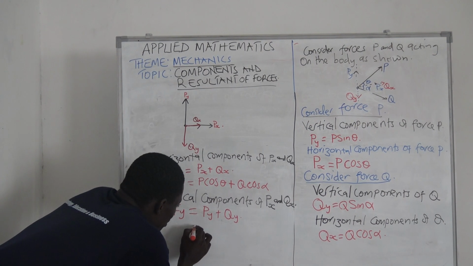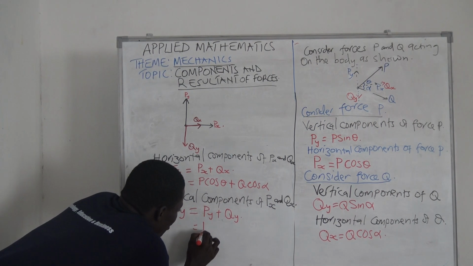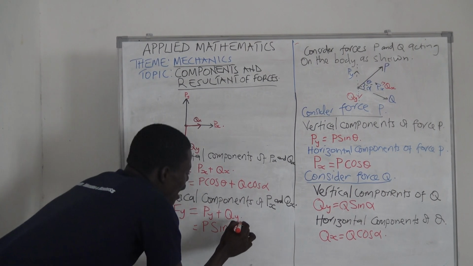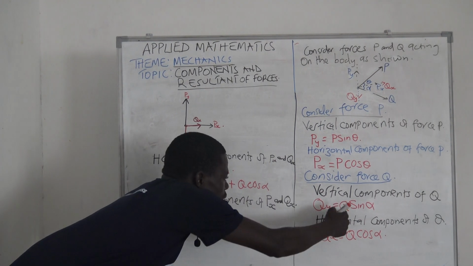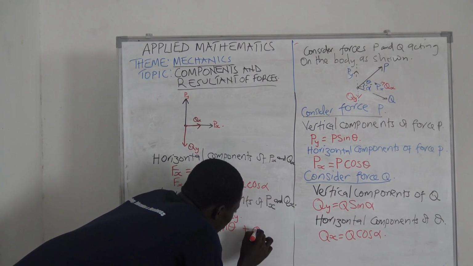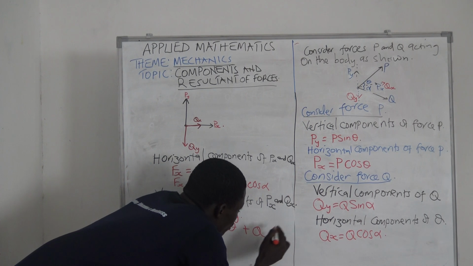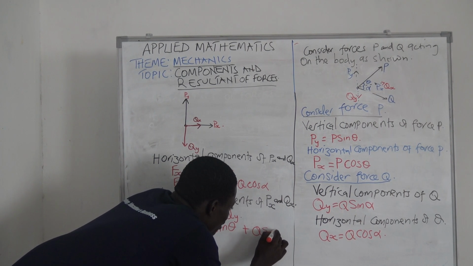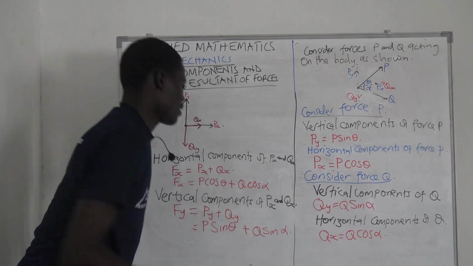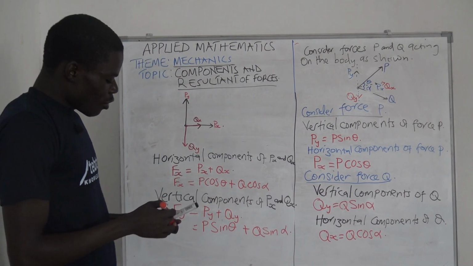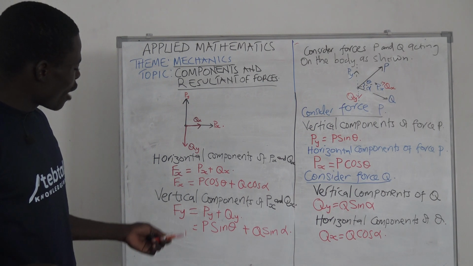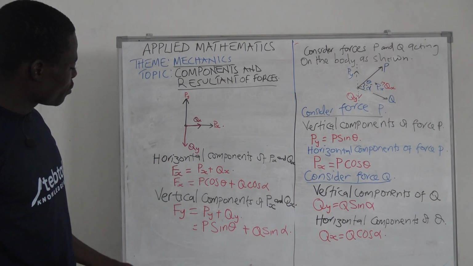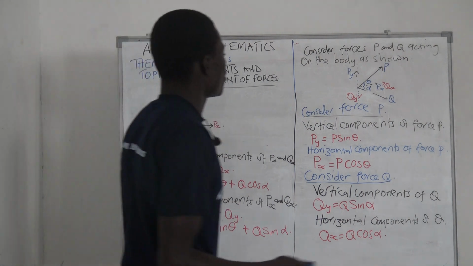We say our Py is given by P sin theta plus Qy is given by Q sin alpha. So we get another setup. Now we have gotten the resultant vertical components, and then we have gotten the resultant horizontal components.